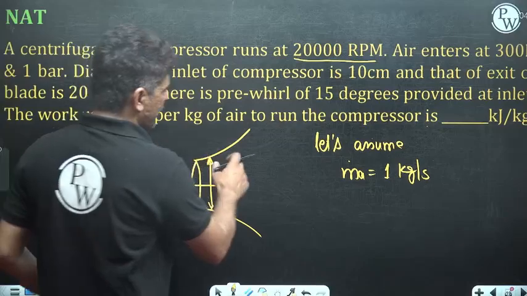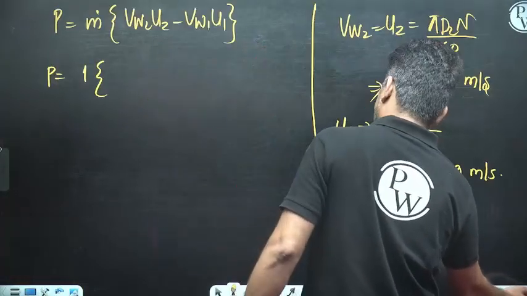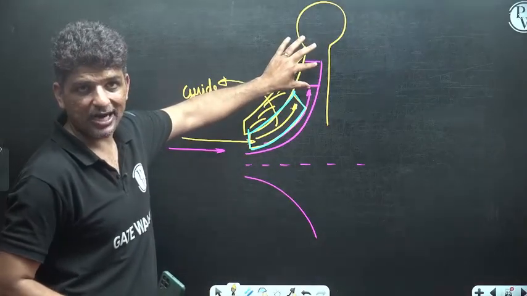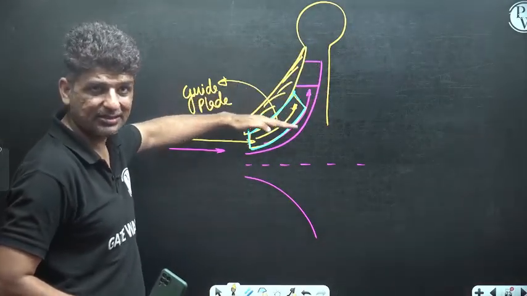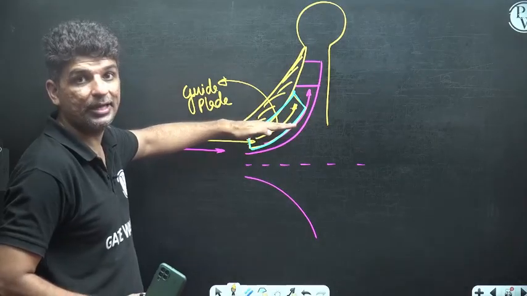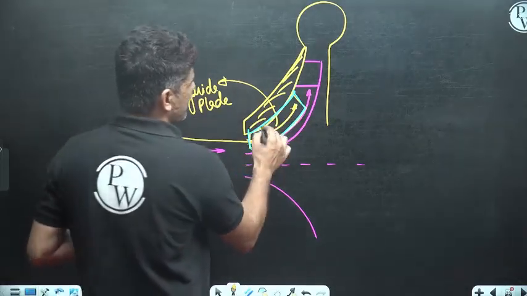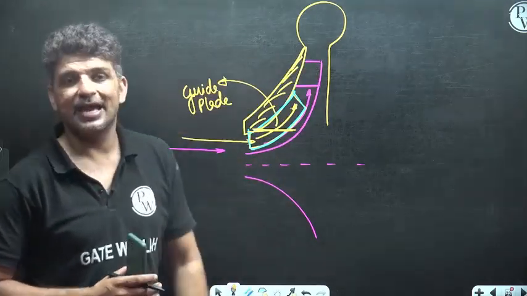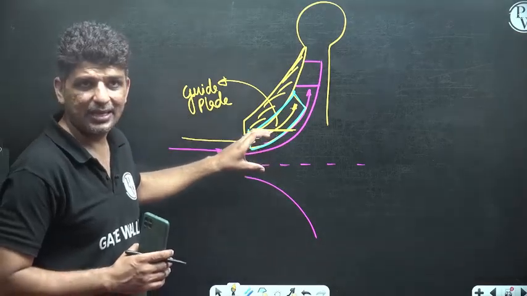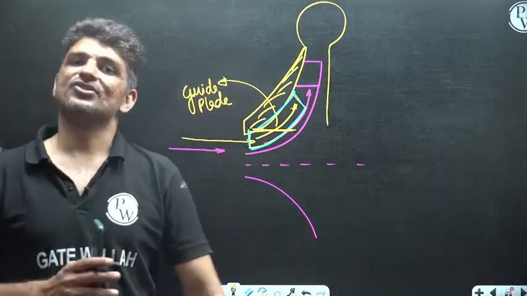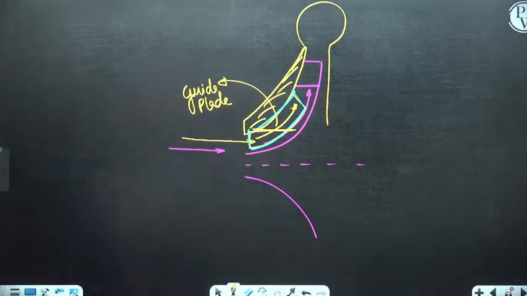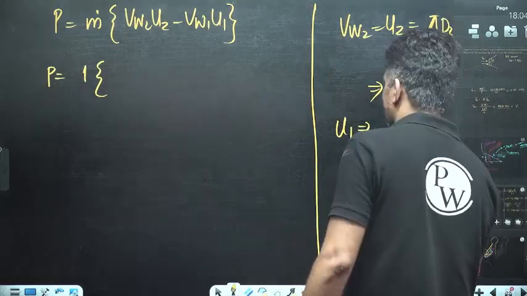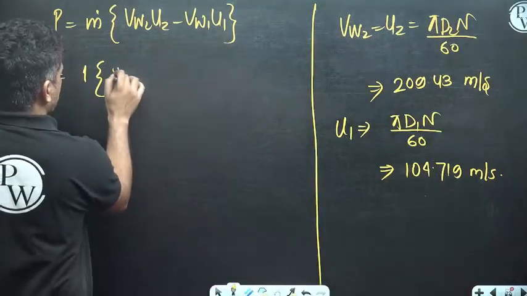Most of the blades in a compressor start from the inlet location only, whatever the diameter of the eye is. Is it clear? So we will take U1 as pi d1 n divided by 60, and once you have calculated this, now you can calculate the power required.